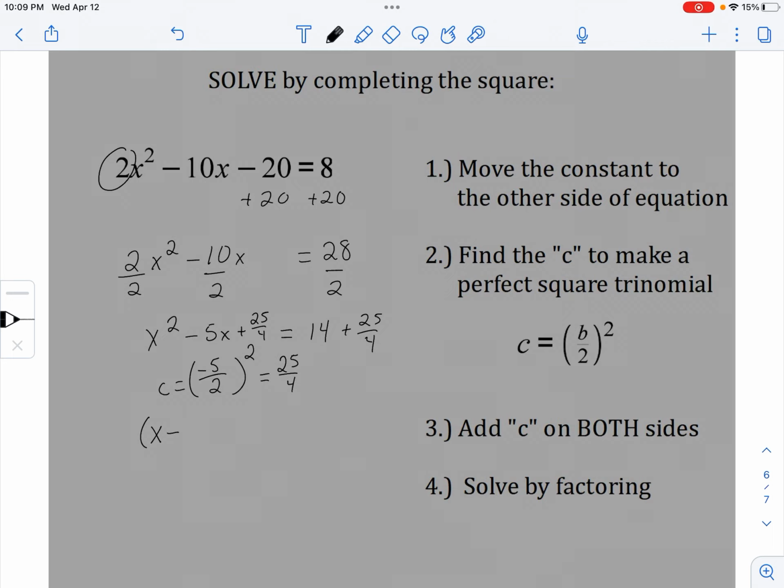So this is just going to be x minus 5/2 squared is equal to, now to add these together I need a common denominator, so I have to multiply the 14 by 4, which is going to give me 40 plus 16, so 56. So this is 56 fourths plus 25 fourths.